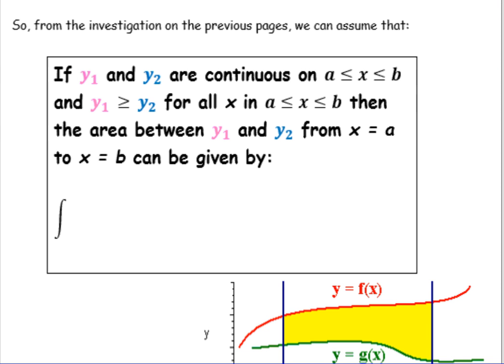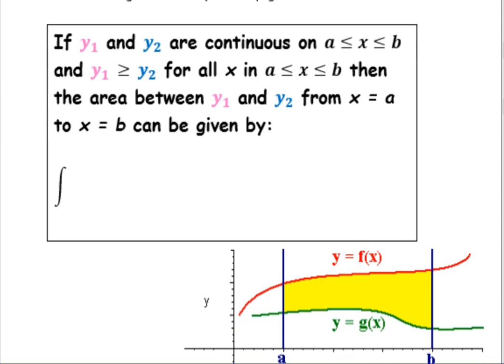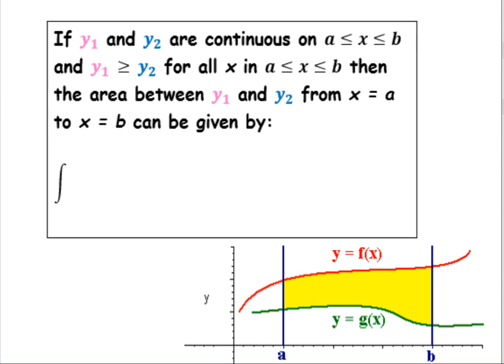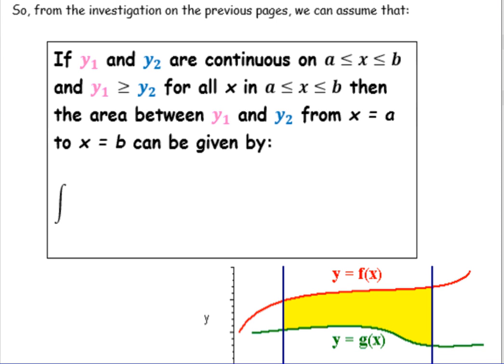Okay, so from the investigation, this page is just formalising what we just said, so it's not too intense. How would you say it in formal words? From the investigation on the previous page, we can assume that if y1 and y2 are continuous, what does that mean? Yeah, there's no breaks in them, they're not broken up, not crossing over.